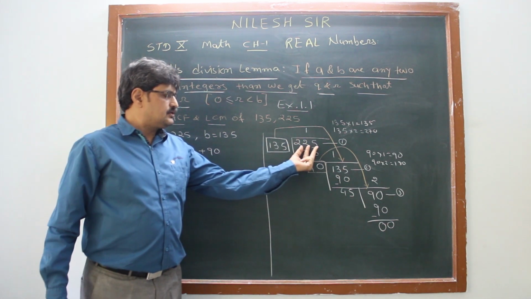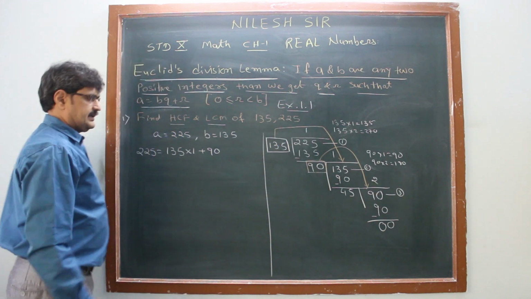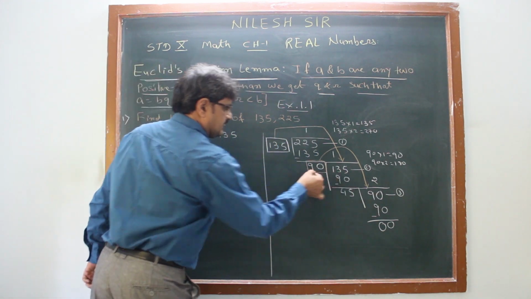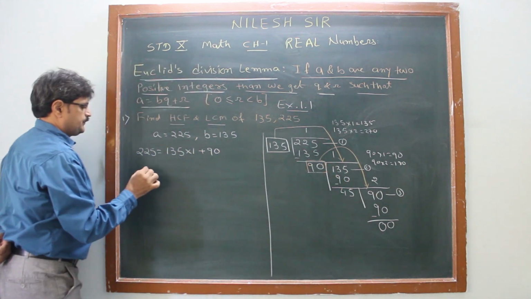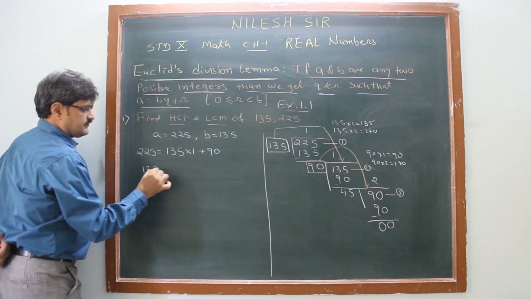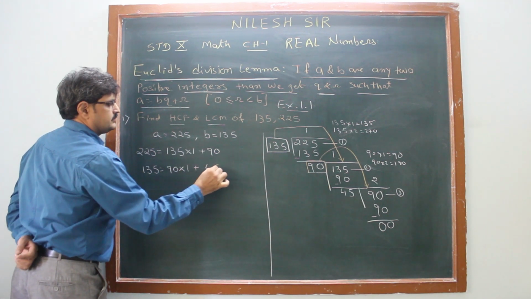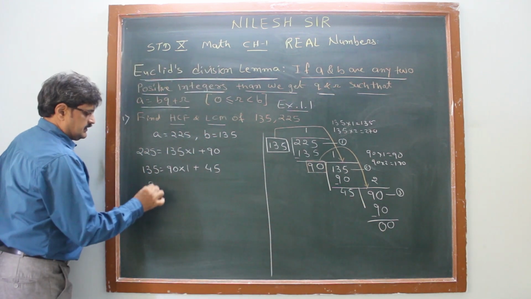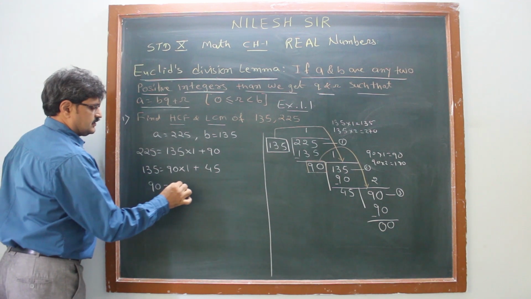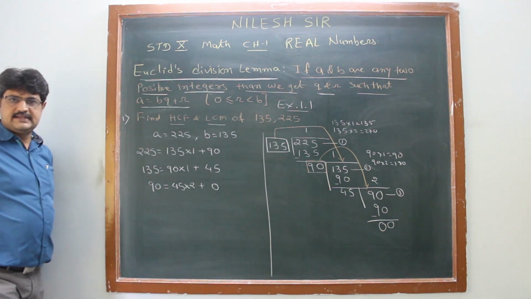Now I will write the second one, that is 135 is equal to 90 multiplied by 1 plus 45. Now the third one, that is 90 is equal to 45 multiplied by 2 plus remainder 0.